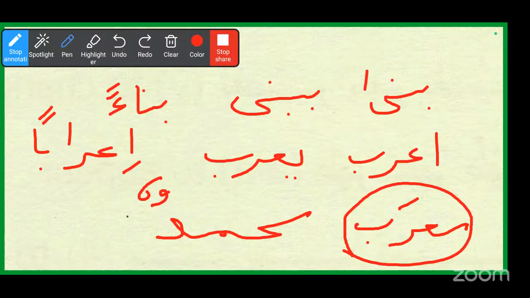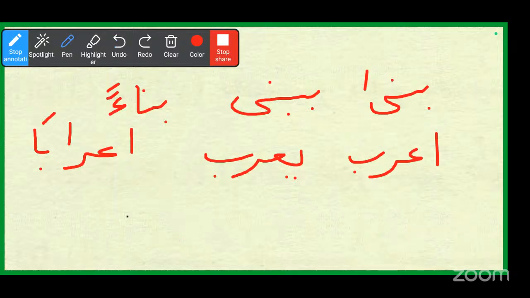Mu'rib is ismul fa'il, mu'rab is ismul maf'ul. That goes for bina, it goes mabni. So mabniyun and mabniyan.